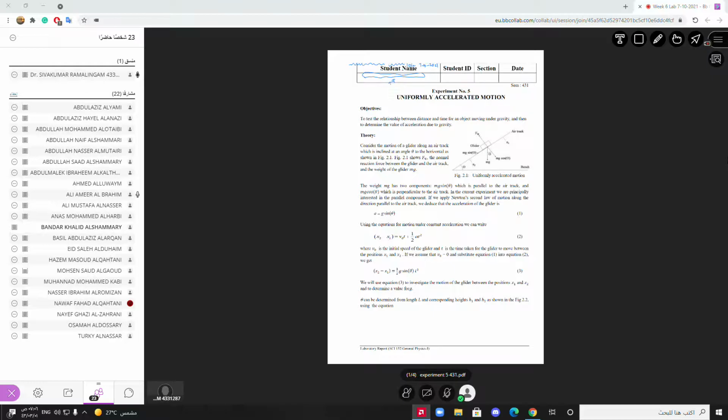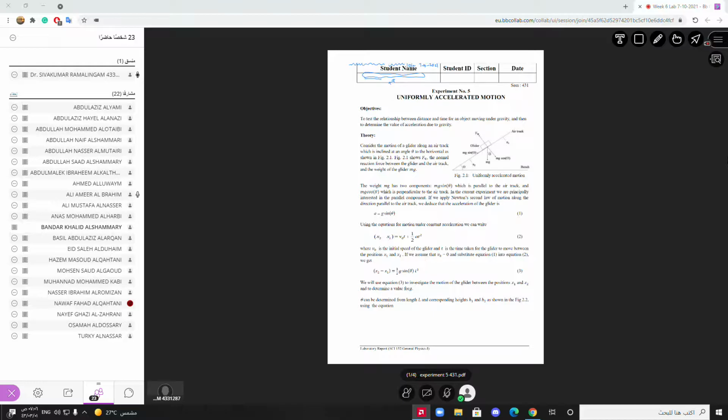If the acceleration is positive, it means the speed of the object increases gradually and uniformly, right? The speed of the object in the motion increases. How does it increase? Uniformly.